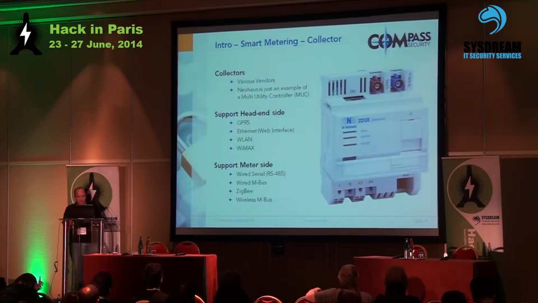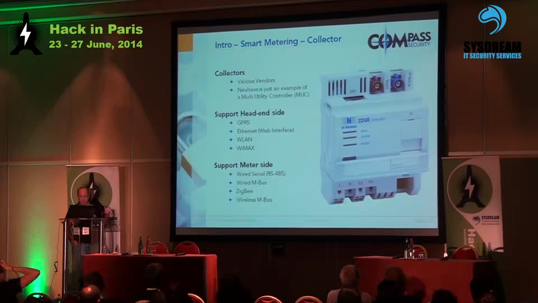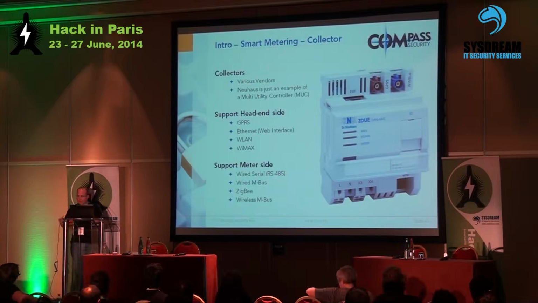It collects the information from the meter using various protocols, for example ZigBee, and sends it over Ethernet to the head end. There's actually a Linux running on this system. There's a little web server as well, but I've not been digging into this device. If you want to have some fun, go for it. I'm sure there are lots of bugs.